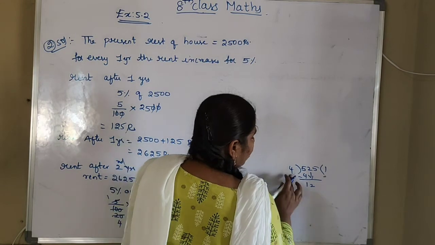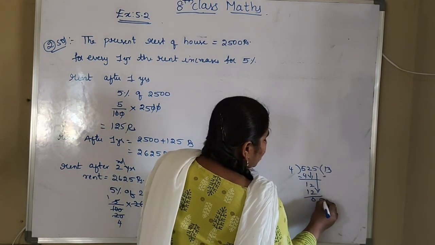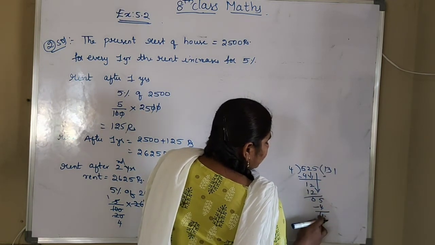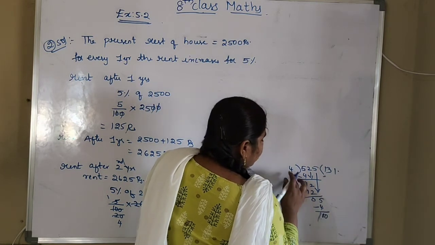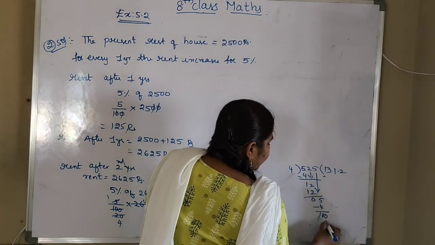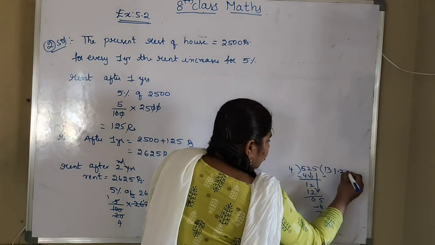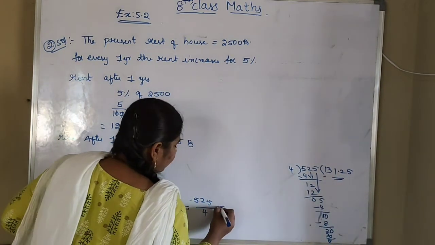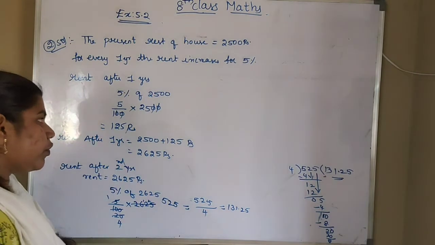Bring this 2 down. 4 threes are 12. Bring this 5 down. 4 ones are 4. Remainder 1 is there. So 0.0, 4 twos are 8, 2 will be there, 0.4 fives are 20. You got it as 131.25. So after 2 years, what will be the rent?